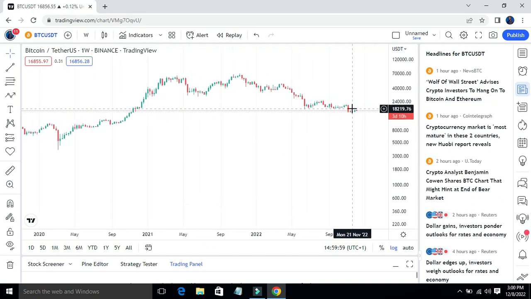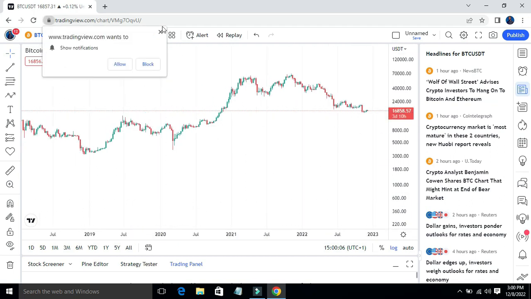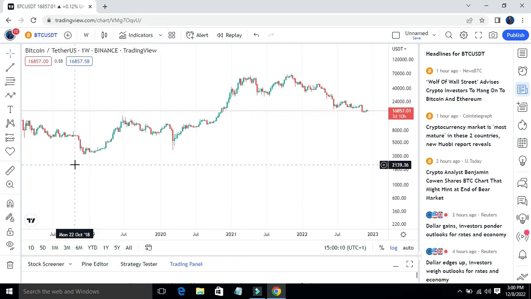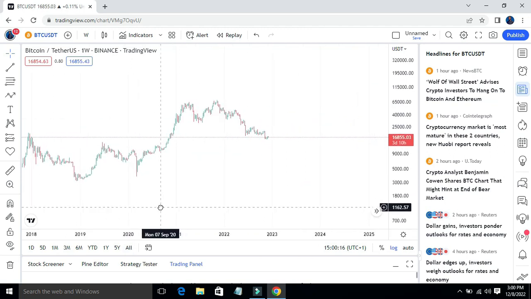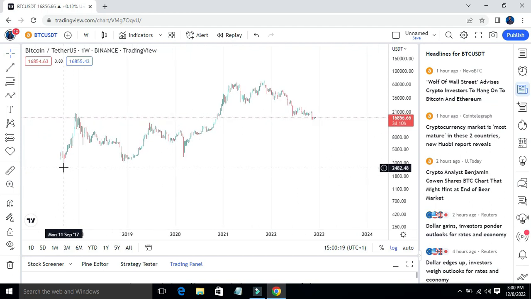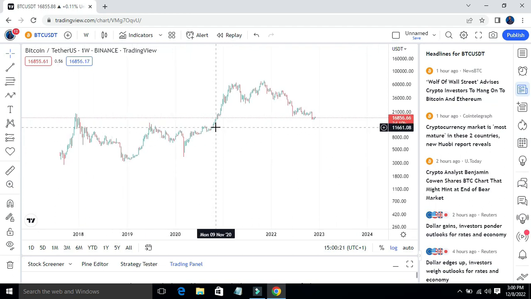After the end of this week, a candlestick will end and another one will open. With this weekly time frame, you can actually see the movement of BTC over a long period of time. Looking at it, you can see that BTC is coming down to a position like this.